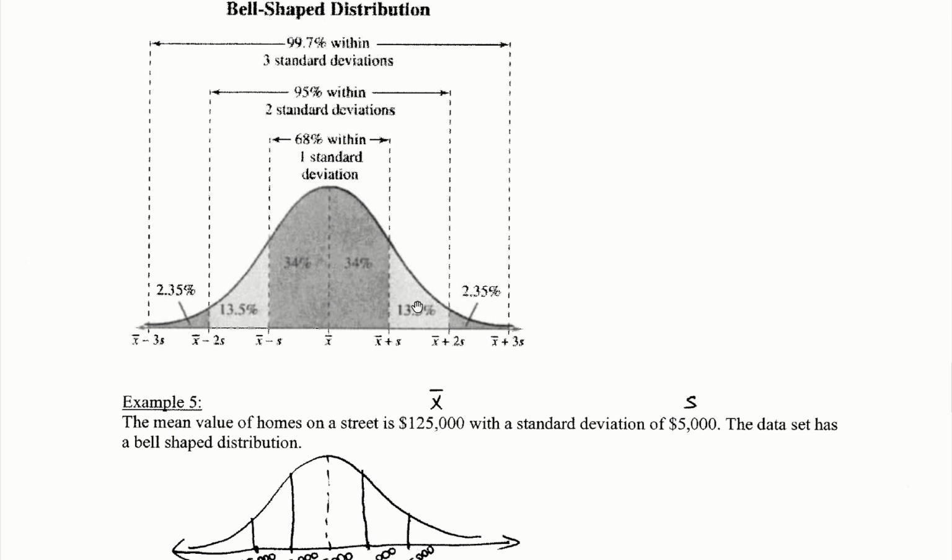We could also figure out, for instance, how much would be between 1 and 2 standard deviations by doing the following. We know that it's 95% from here to here. If you subtract the 68%, 95 minus 68, that would give us 27%, which would be both here and here combined. If you take half of that 27%, that would tell us that there's 13.5% in each of these little regions.